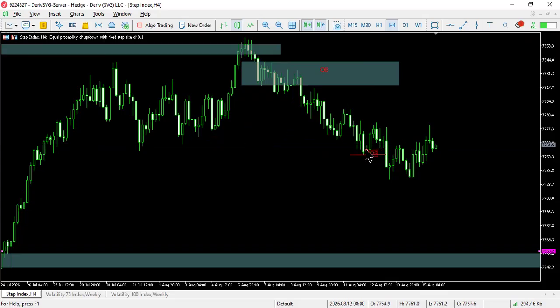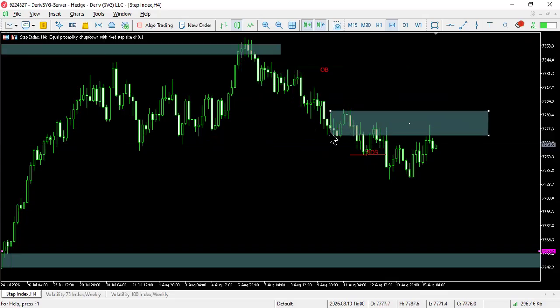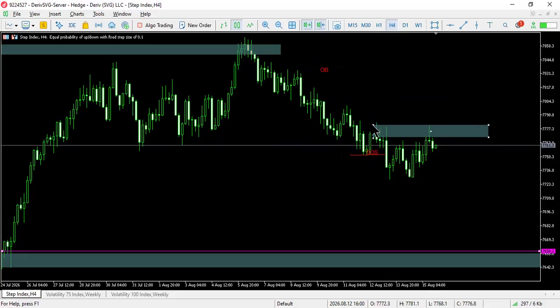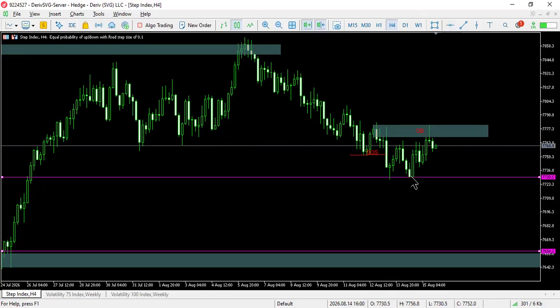So we have that break of structure, and then our order block. Our order block is that order block where price is reacting. It formed a bearish pin bar, and we are pushing down, and we have this low here.